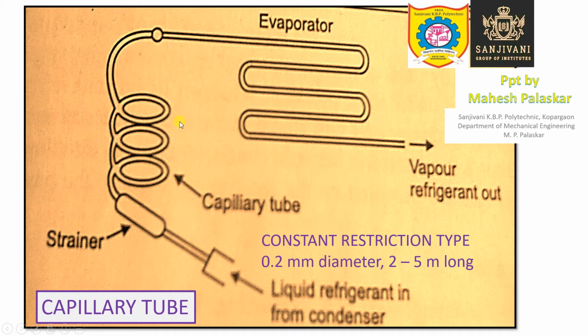If you take the example of the use of the capillary tube in the domestic refrigerator, you will find that first of all the load on the domestic refrigerator is small, and the variation in the load is also very small.